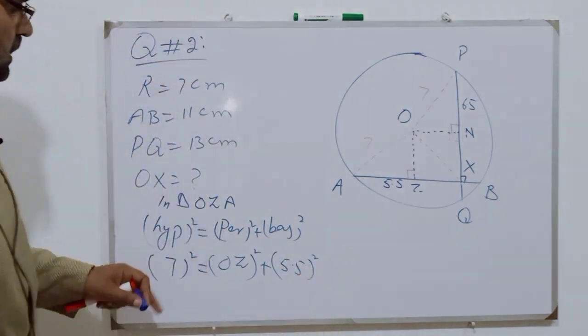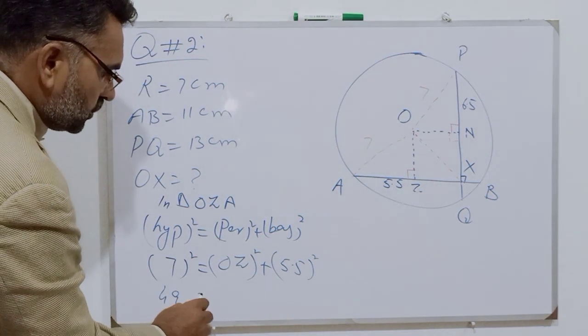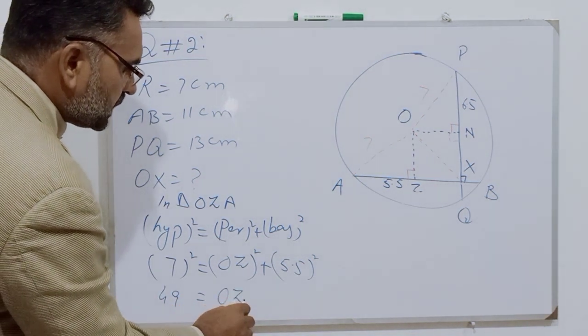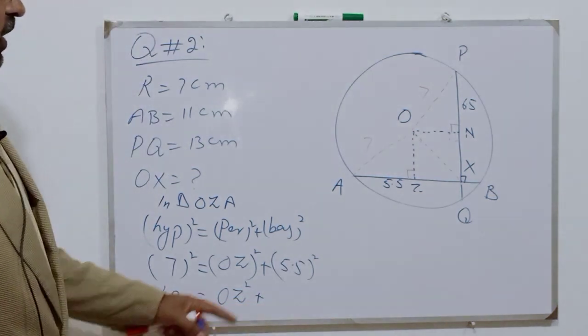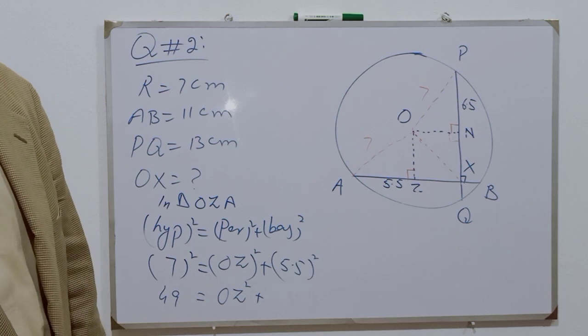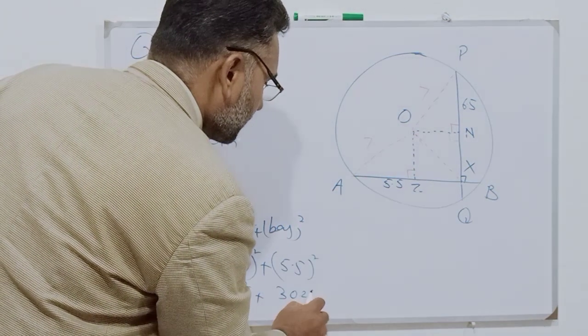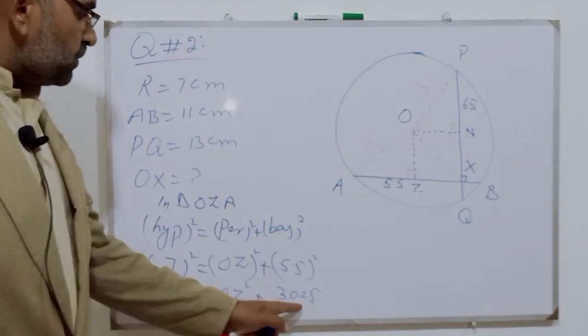When we take the square of 7, we will get 49 is equal to OZ square plus the square of 5.5. Use calculator to find the square of 5.5, and that is 30.25. 30.25 is plus on right side.